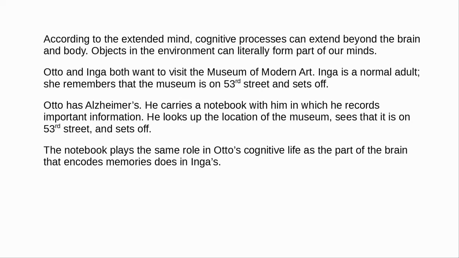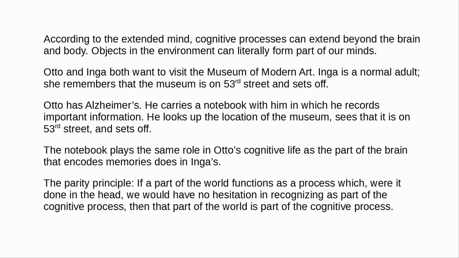Clark and Chalmers then state what has become a key idea for the extended mind, which is known as the parity principle, which is as follows. If, as we confront some task, a part of the world functions as a process which, were it done in the head, we would have no hesitation in recognizing as part of the cognitive process, then that part of the world is part of the cognitive process.